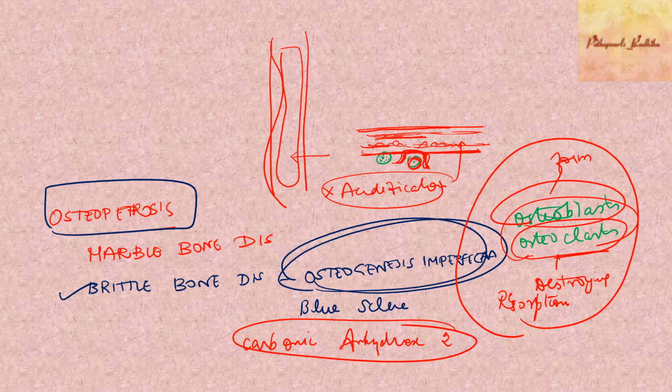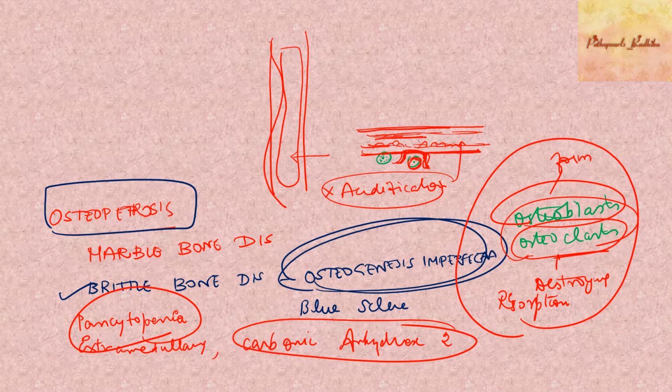So you don't have hematopoietic elements, so you will have pancytopenia. But what will happen? Your bone marrow is not functioning, so your body tries to produce your hematopoietic elements in other organs like your liver, spleen and all. So because of that, you can have extramedullary hematopoiesis.